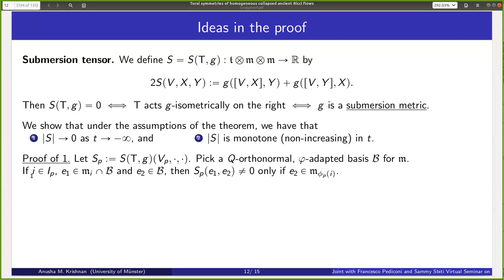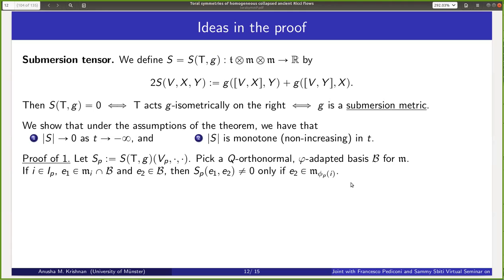Then if i is an index so that the adjoint action of V_P on M_i is non-trivial, non-zero, we denote such indices by i in I_T. Now if i is such an index and you take a basis element inside that corresponding submodule, you get a non-zero value for S_P applied to e_1 and e_2 only if e_2 is in the submodule that is the image of M_i under the ad V_P action.